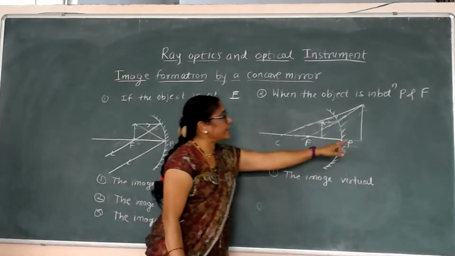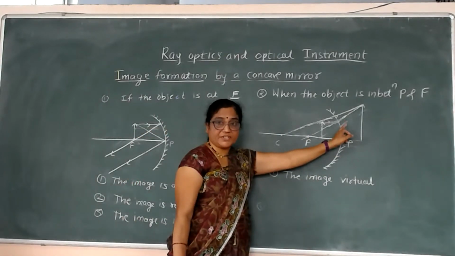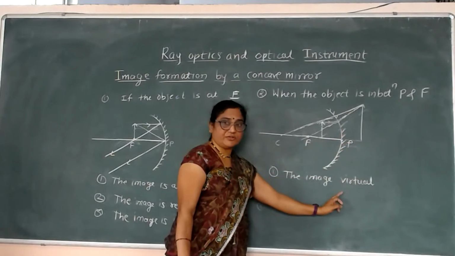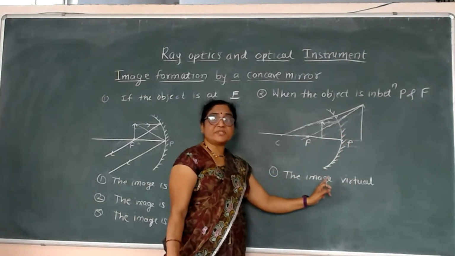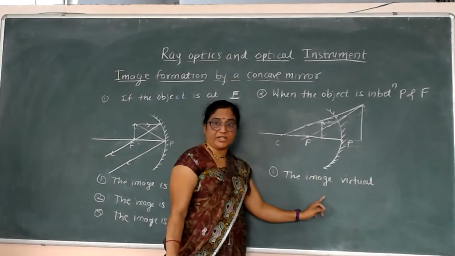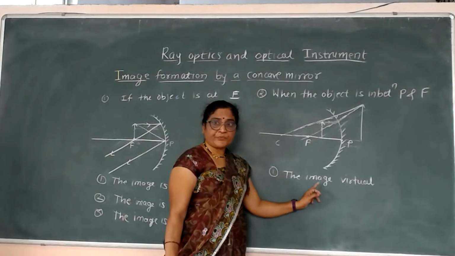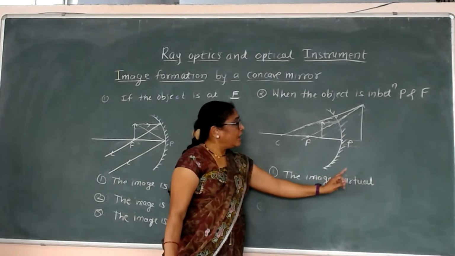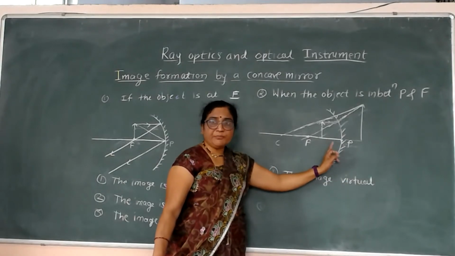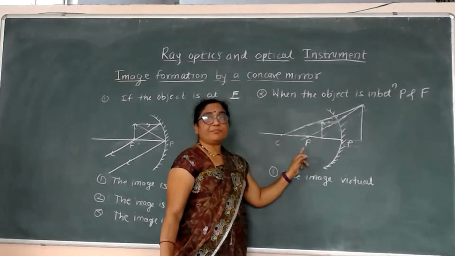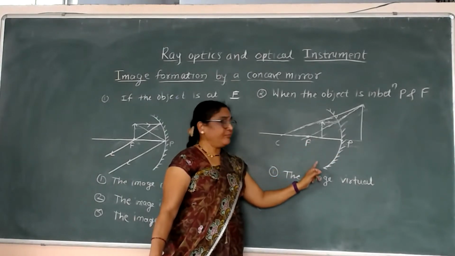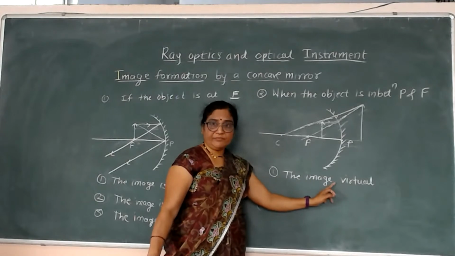So this image is virtual. It means the concave mirror gives the real image as well as a virtual image. When the object is situated in between pole and the principal focus, at that time the image is virtual.